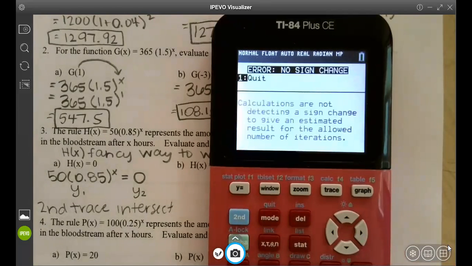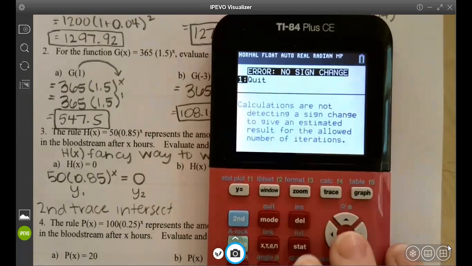Why do you think it does this? What are we trying to find? What are we doing? Second trace what? Intersect. So what do you think we're trying to find? Where they meet. We're not seeing that yet.